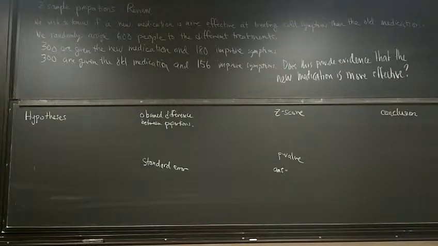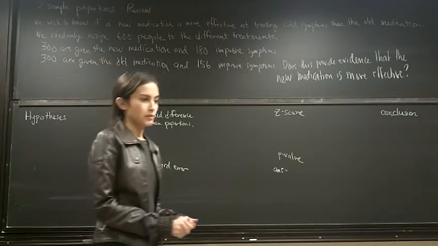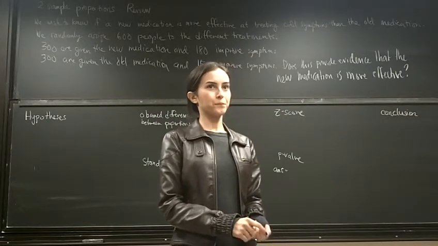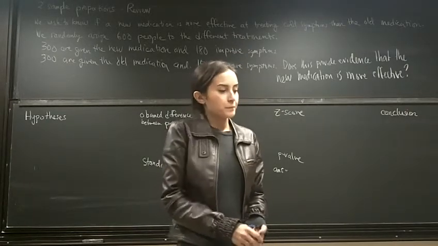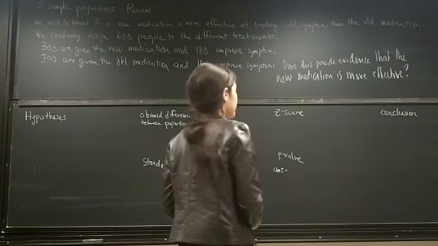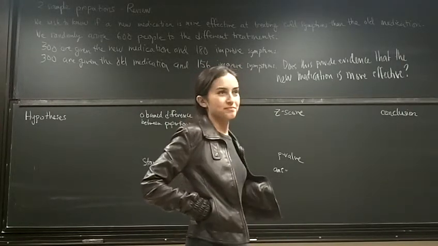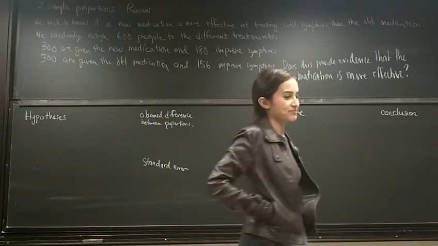What did you get? Okay. What did you say? 0.0239. Okay, and what did you say over there? 0.0029? All right, you win.